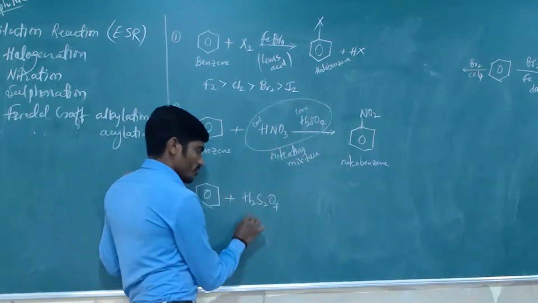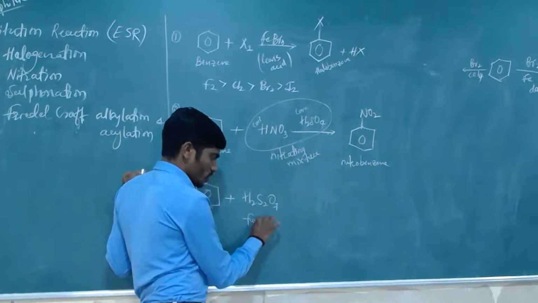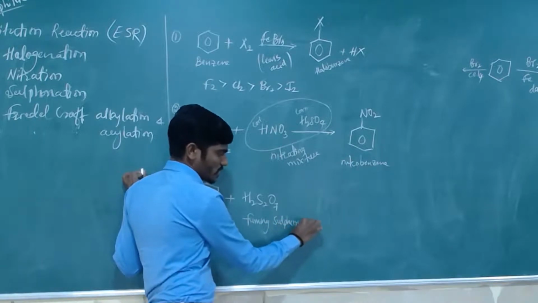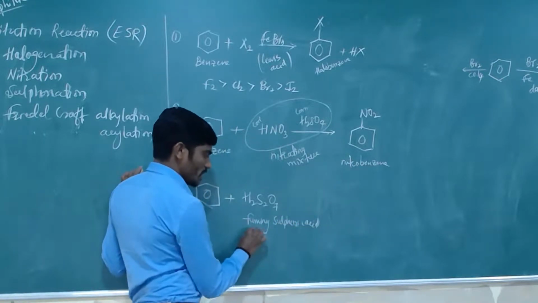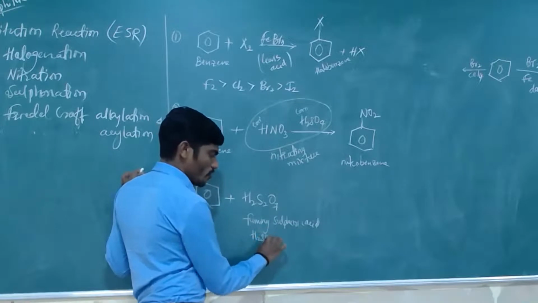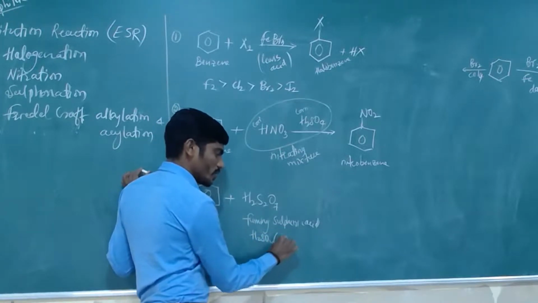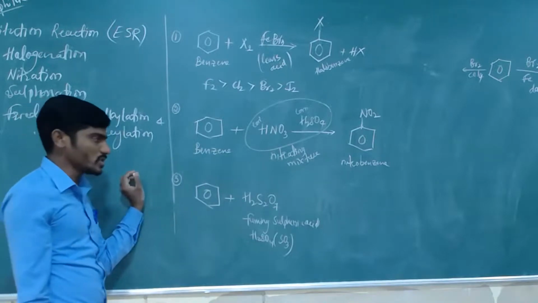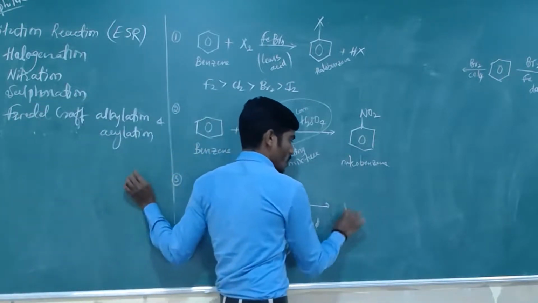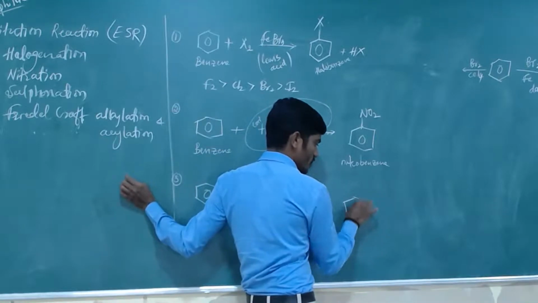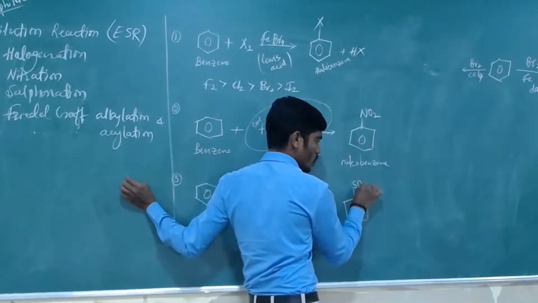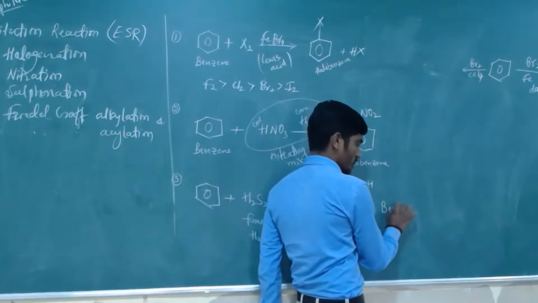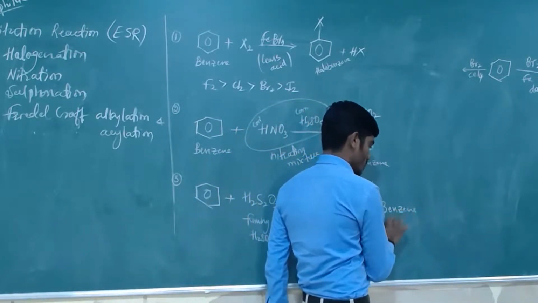It is called fuming sulfuric acid: H2SO4 containing SO3. In this case, this gives rise to the product benzene sulfonic acid, with an SO3H group.